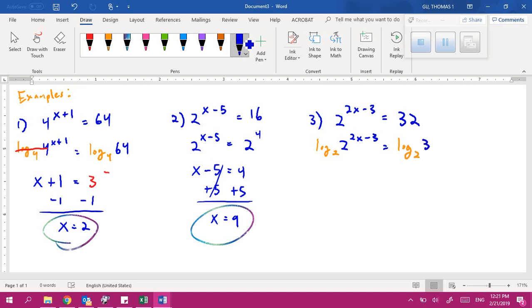That's right. All right, so on the left side, the log base 2 of 2 to the 2x minus 3, that would cancel out. So what's left? Equals, and what is log base 2 of 32? 5, that's right, it is 5. Because 2 to the 5th equals 32.